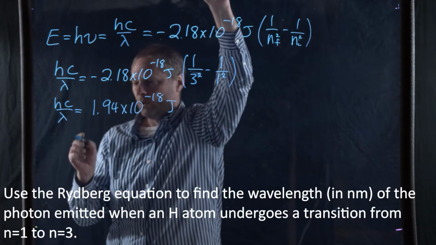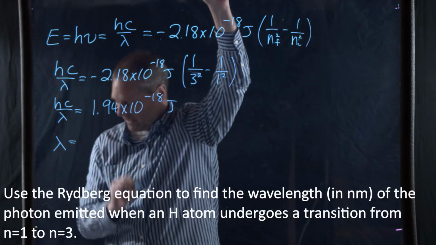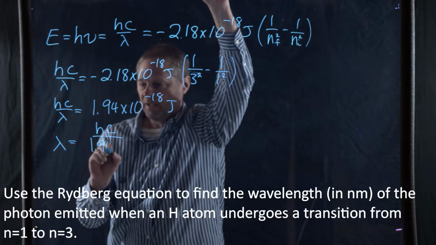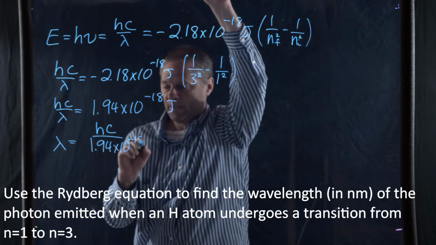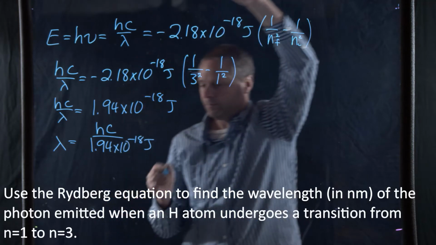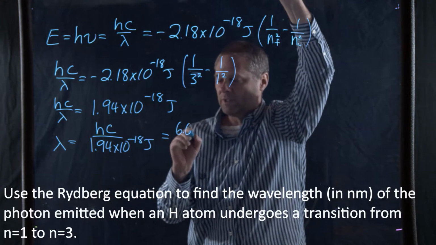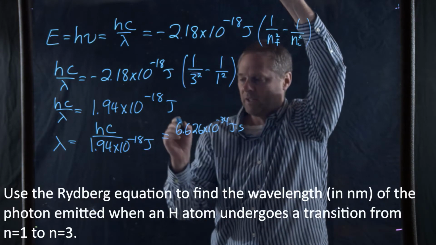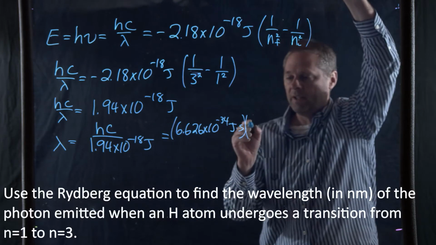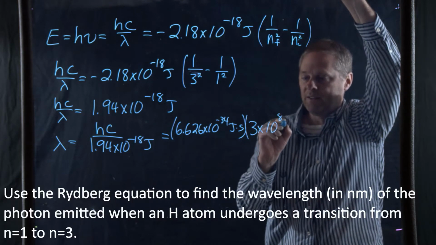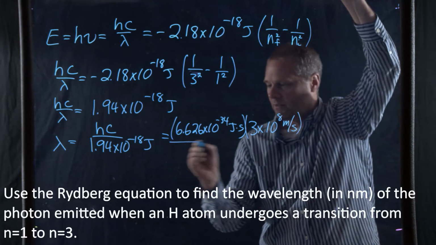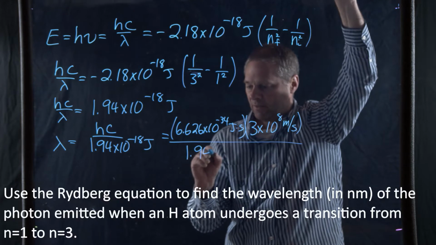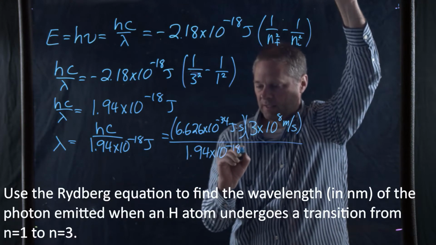All right. We're looking for lambda, and so lambda is going to be equal to hc upon 1.94 times 10 to the negative 18th joules, where h is 6.626 times 10 to the negative 34 joule seconds, times the speed of light, which is 3 times 10 to the 8th meters per second, divided by 1.94 times 10 to the negative 18th joules.